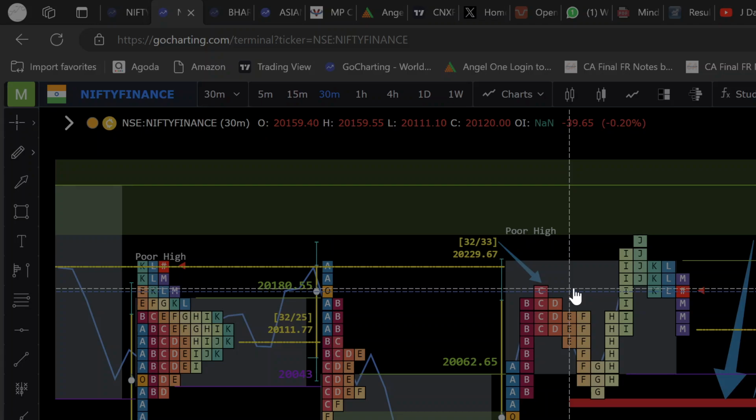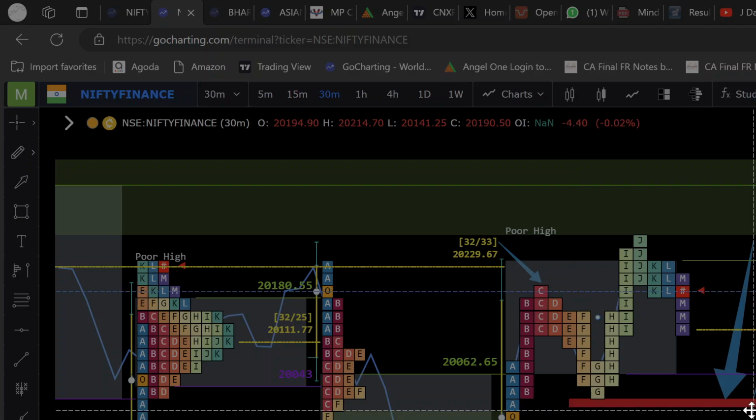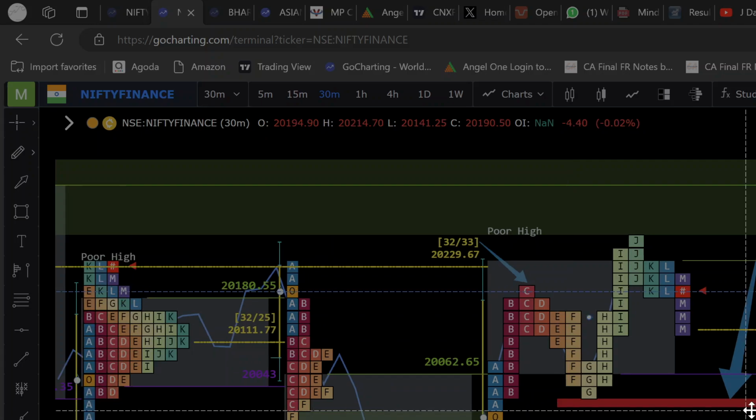Now, tomorrow would be interesting to watch. One thing that Jim Dalton has always said is that change is always important in the market. We made this pullback low, then went higher, and we never broke this low.